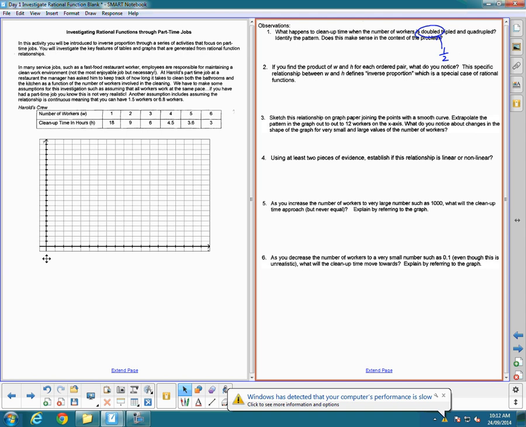It just makes it double, or there's two of them, and so it's half of the time. Again, looking at what happens when you triple it, we see that when it's tripled, we get a third of the time, and quadrupled is a quarter of the time.